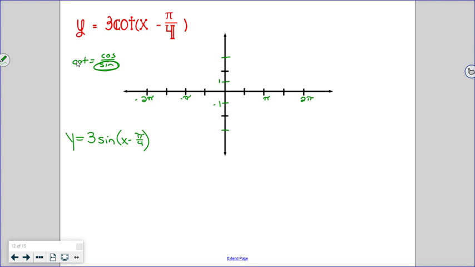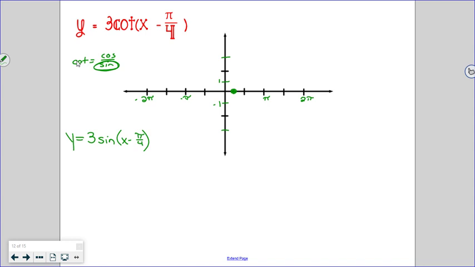I'm supposed to start which direction? Right, pi over 4. And pi over 4 is that ugly one, if you guys remember. It falls halfway between these two because this is pi over 2. Half of that would be pi over 4. That dot right there would be your first dot on this sine curve, which means every single one of our dots is going to fall exactly halfway between the tick marks because they're all shifted halfway.